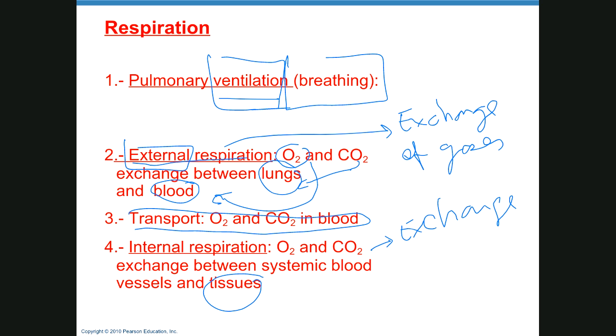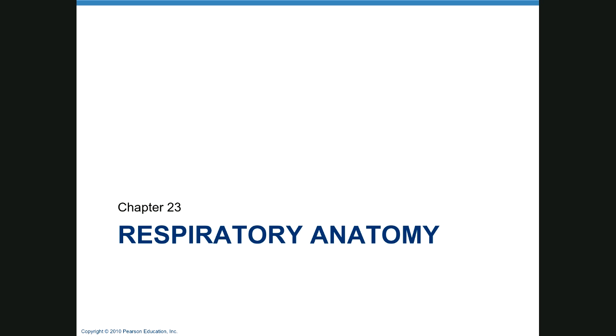And in this case, the circulatory system is going to give up oxygen to tissues and pick up CO2. So definitely know the difference between internal respiration and external respiration. That is an important concept. And we'll go back to both later on.